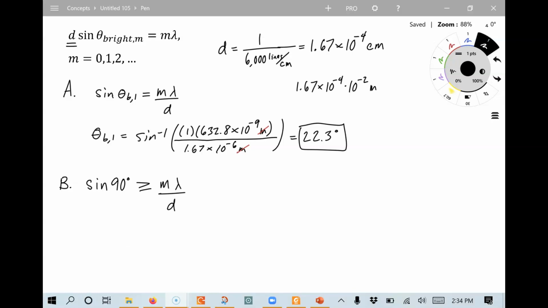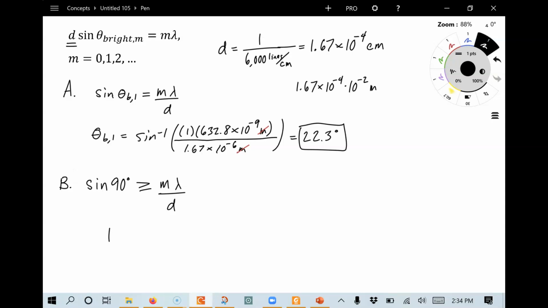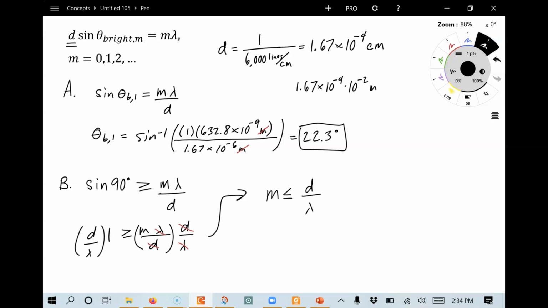So we just need to solve for m now. We've got 1 less than or equal to m lambda over d. We multiply by d over lambda on both sides, canceling these out and leaving us with m. If we turn this equation around, m has to be less than or equal to d divided by lambda.